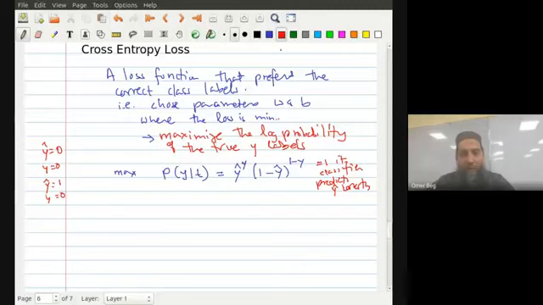So what we want now is to change this to a log. So we take the log of both sides.